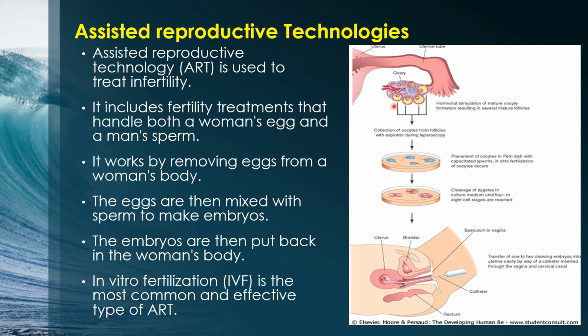So it works by removing the eggs from a woman's body. That is, after the hormonal stimulation of the ovaries, the mature oocytes are released at ovulation, and they are taken up.